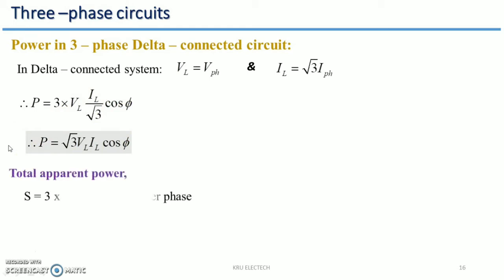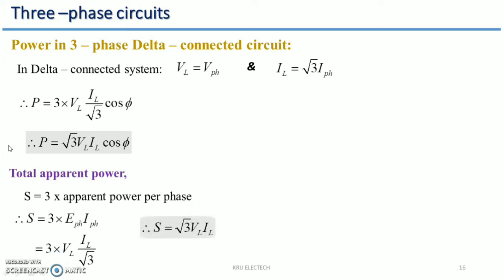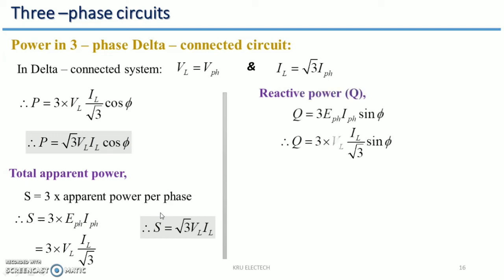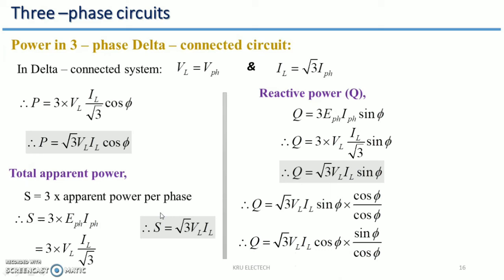The apparent power is the same as the star, root 3 VL IL, and for the reactive power, that is with sin phi. So Q equal to P tan phi.